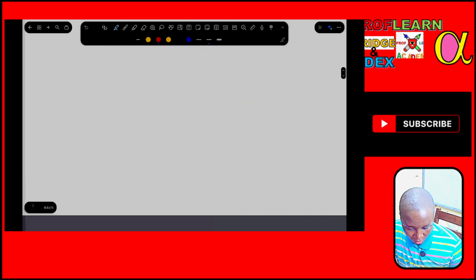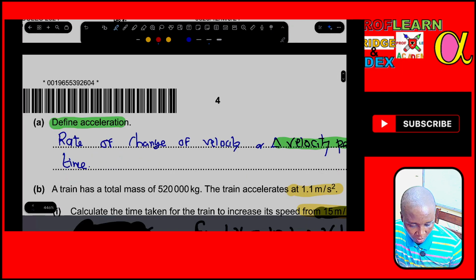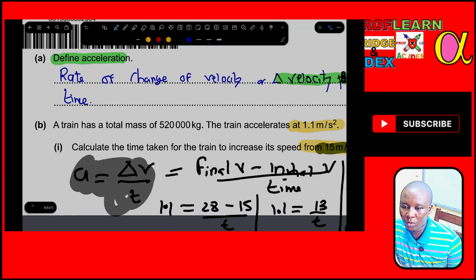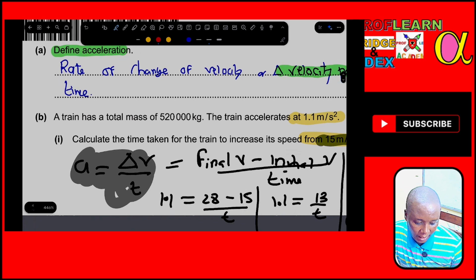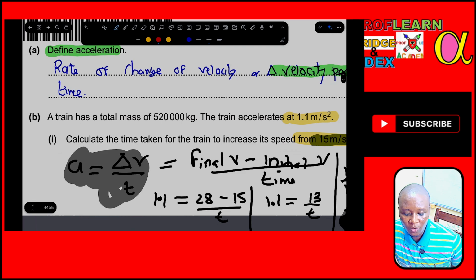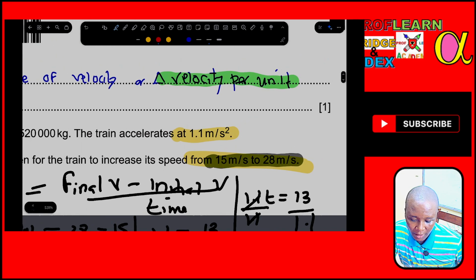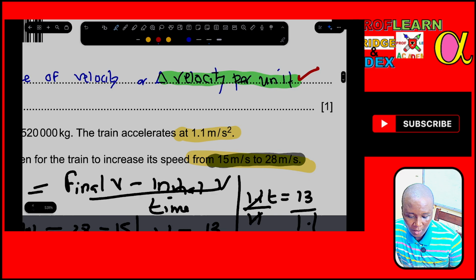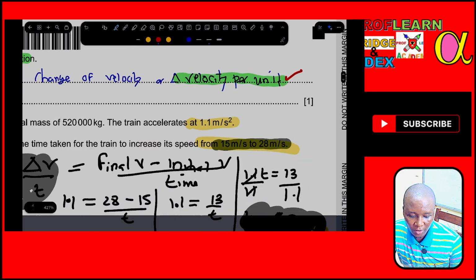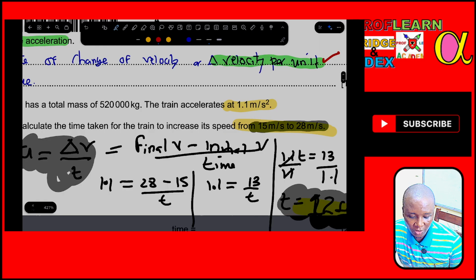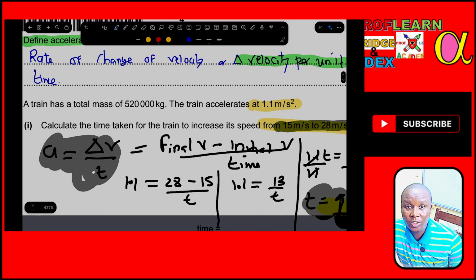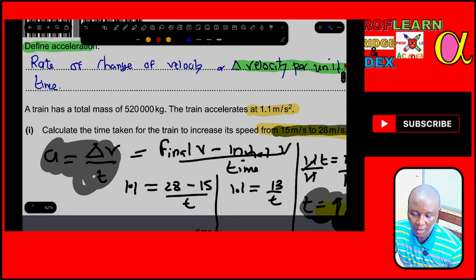Moving further, we are also given a question to define. You may be asked to define the term acceleration. Acceleration is the rate of change of velocity, or we can say it is the change in velocity per unit time. So different ways you can define acceleration: rate of change of velocity, or change in velocity per unit time.